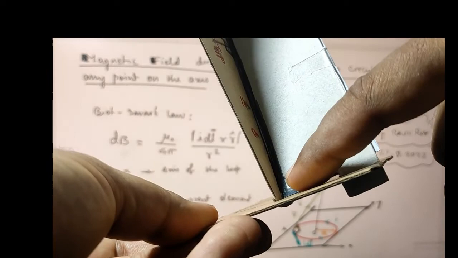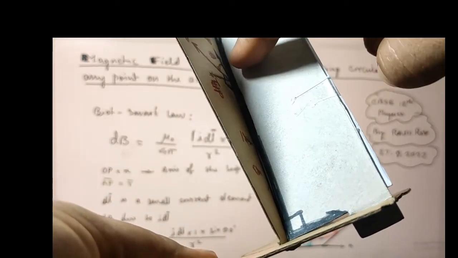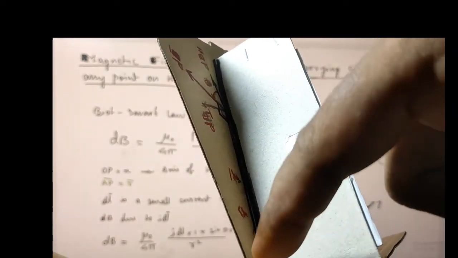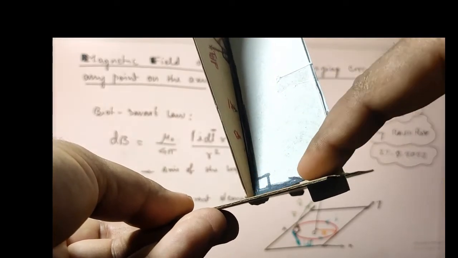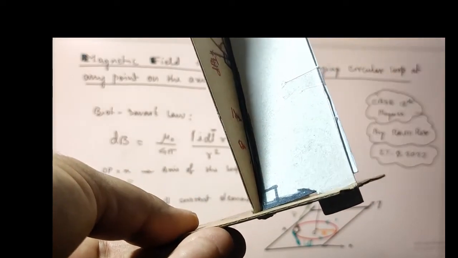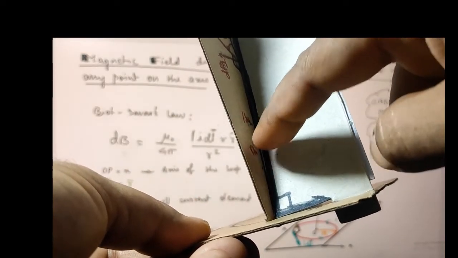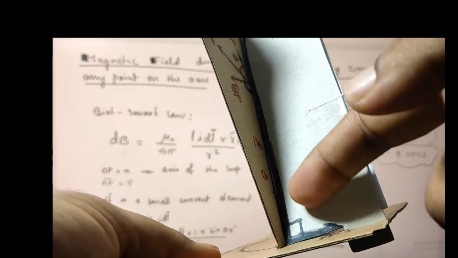This is your dl. dl to point P is the r vector and I dl. This is the plane, this white one. This is the plane which contains the r vector, and this is the I dl current element. So in this plane, if you use I dl cross r, the direction is anti-clockwise, right?